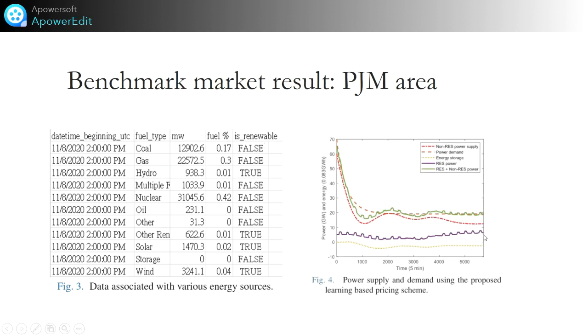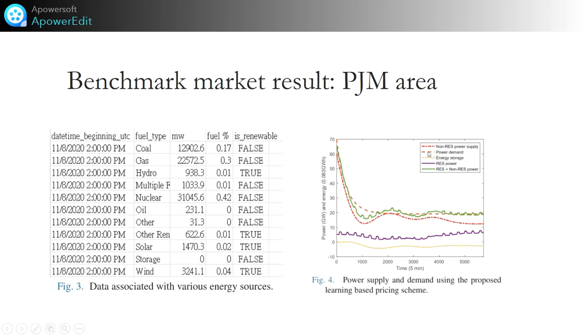This is the result of our actor critic method. Here we can see the two most important lines: the green line, RES plus non-RES power generation, and this brown dashed line, power demand.